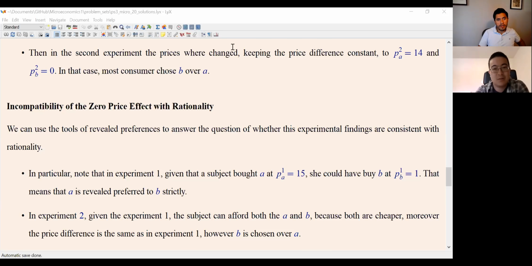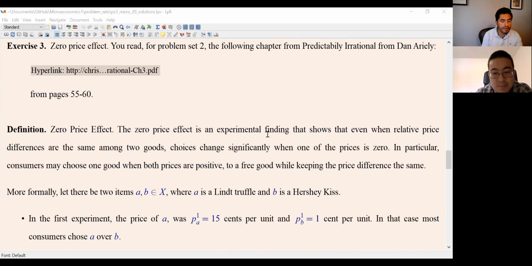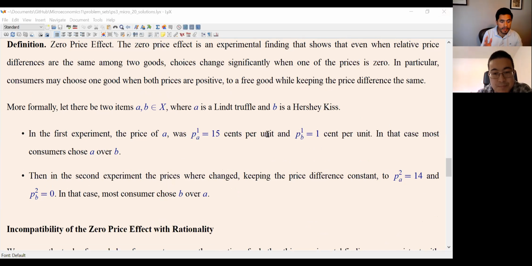Okay, let's just give a little bit of background so everyone's on the same page. Remember this is the zero price effect. We have this experiment where we observe these Hershey's Kisses and this Lindt truffle, and these goods are really good to tell this story. They make it really fun and entertaining.